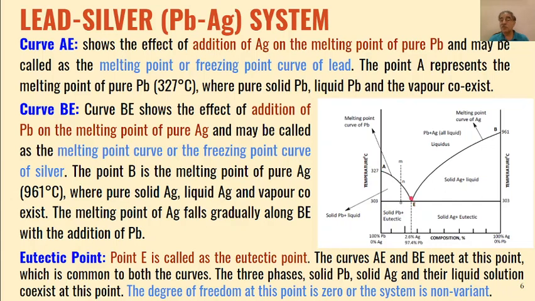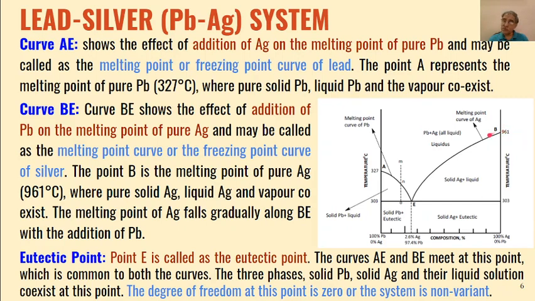As we move from here to here, the temperature decreases, from 327 to 303, and we reach point E, which is the eutectic point. Then the curve BE shows the effect of addition of lead on the melting point of pure silver. 961 is the melting point of pure silver.